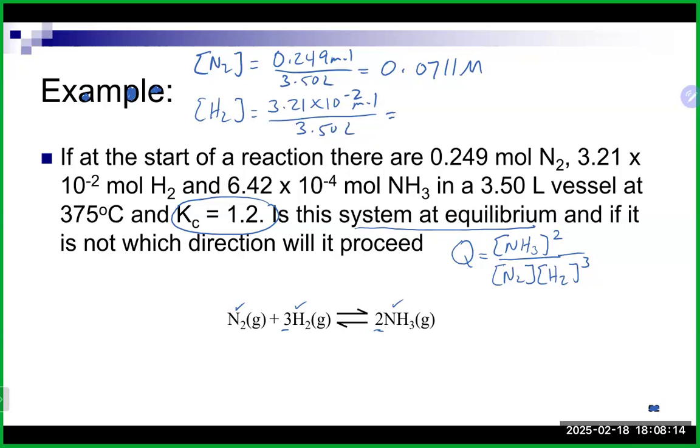Make sure you use your exponent button when punching it in. That's going to get us 0.00917 molar. And lastly, we got some NH3 there. We take the moles of that, which is 6.42 times 10 to the minus 4 moles, divided by our 3.5 liters.